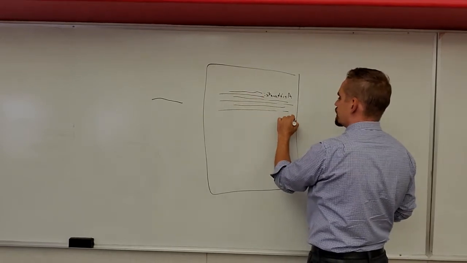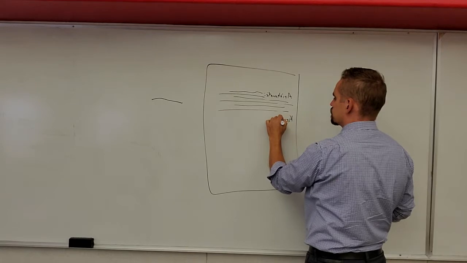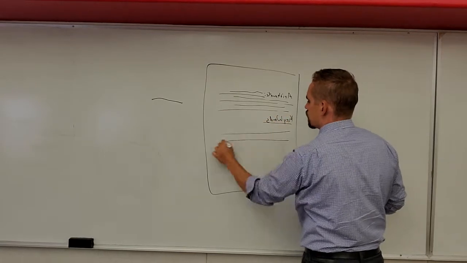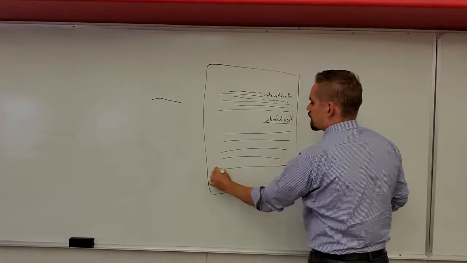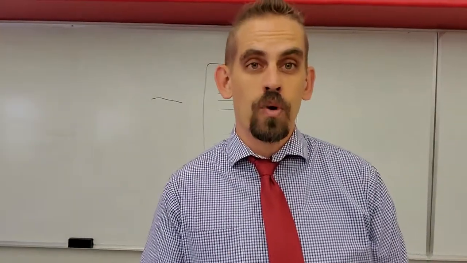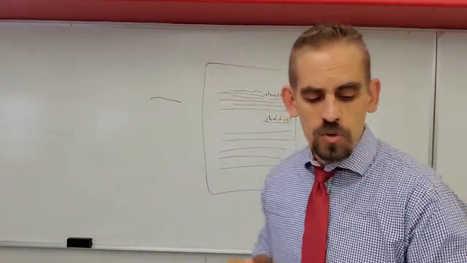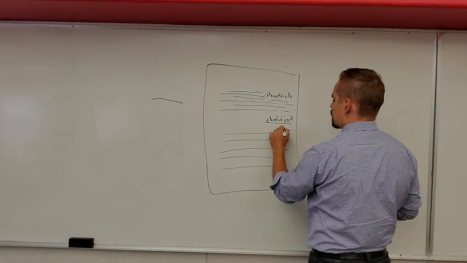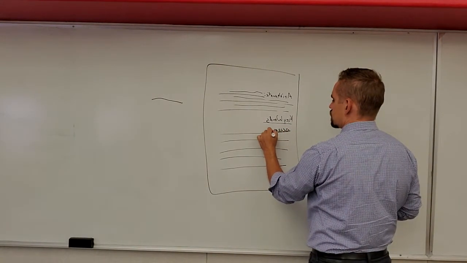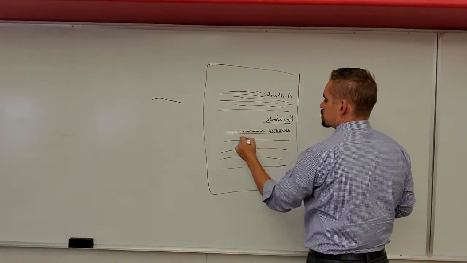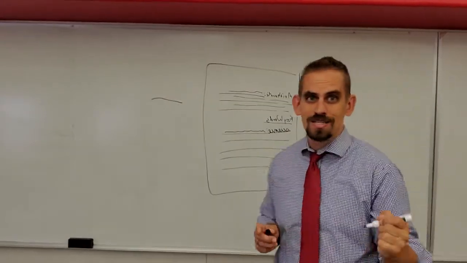Then I've got my keywords. I've got lines here. Let's say I choose to define one of my keywords, 1 out of 3. Remember, you need 3. Let's say I choose science. I'm going to write science right here, and then I'm going to write out the definition of what Webster's dictionary says is science.